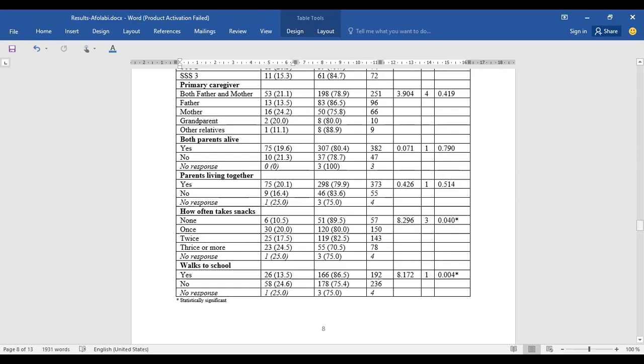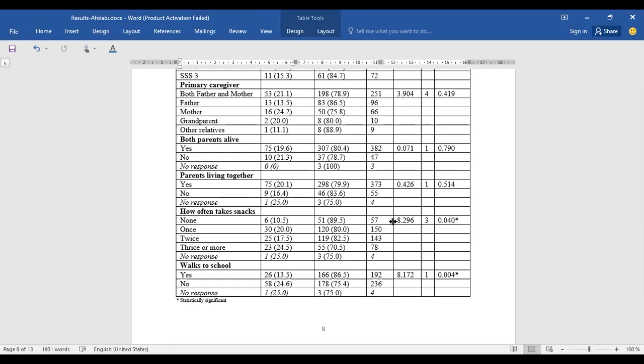Though the none is 10 points, the smallest, and the three times or more is the highest, in between, once is even higher than twice. But if you look at the trend, it shows that it's increasing. So if you may not talk about trend, just say that the three or more are more likely, followed by once, then none are least likely.